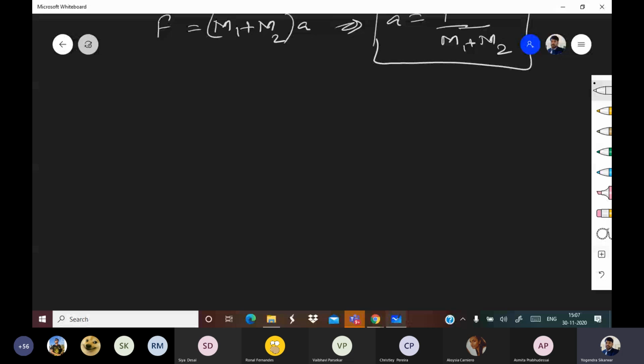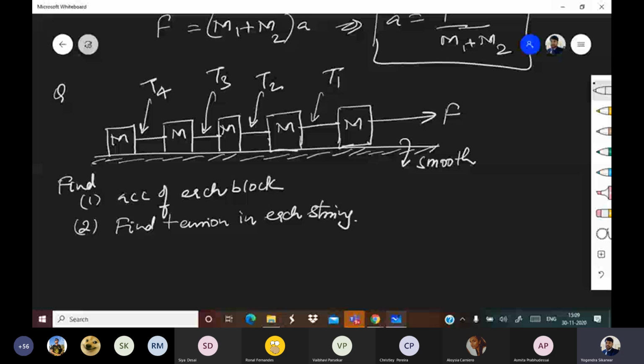There are 4 strings connecting those blocks. Question is easy, you can quickly find the answer.